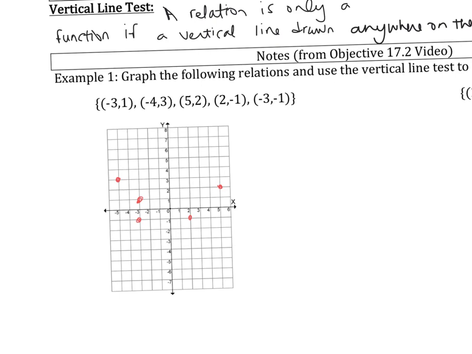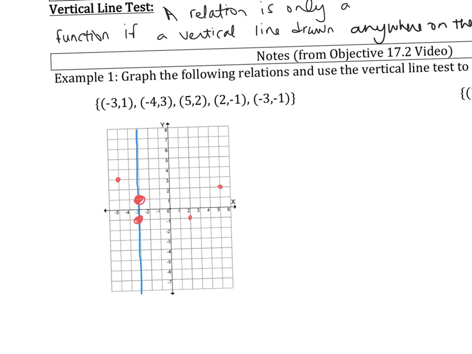Now let's utilize the vertical line test to see if this is a function. Looking at our graph, the only place that looks like it would present a problem is right here. Notice if I draw a vertical line through x equals -3, it touches two of the points on the graph. That tells us that this relation is not a function because any vertical line can only touch the graph at one point.